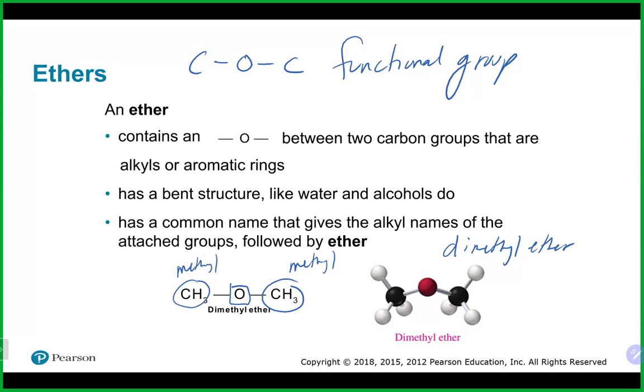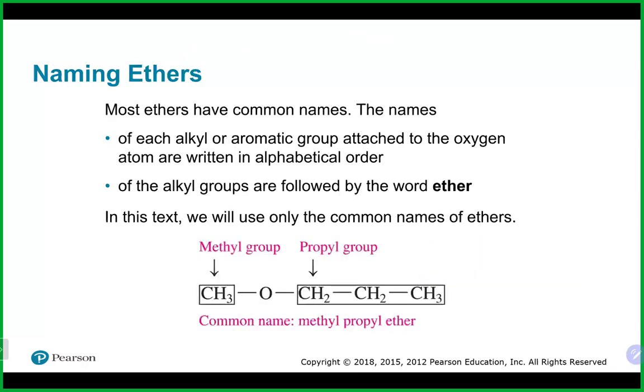So you want to identify the oxygen and the group or groups that are attached there. So here, we have our carbon, oxygen, carbon, which tells us it's an ether. We look at the oxygen: to the left, we have a 1-carbon group, which is a methyl group. To the right, we have a 3-carbon group, which is a propyl group.